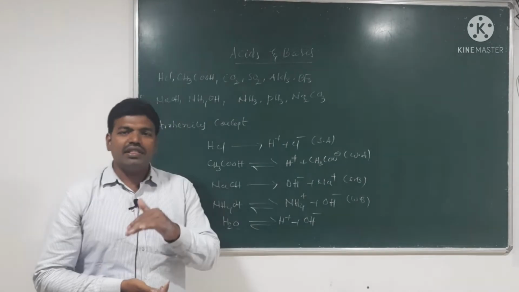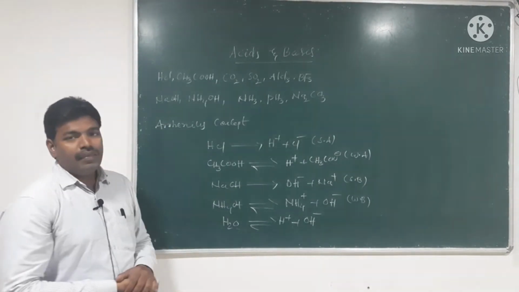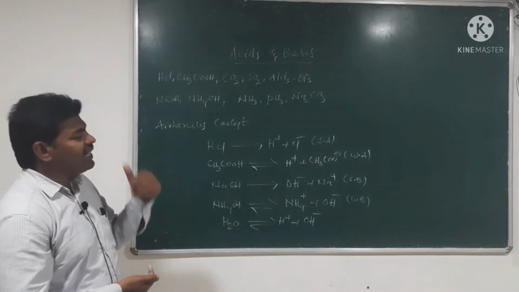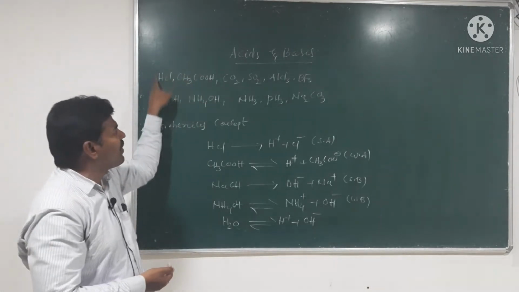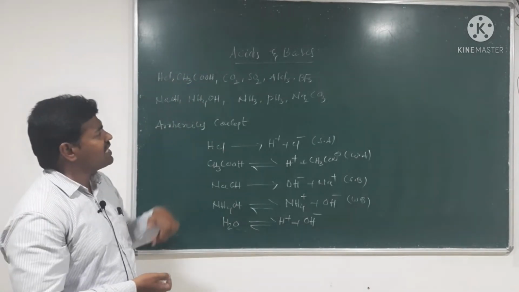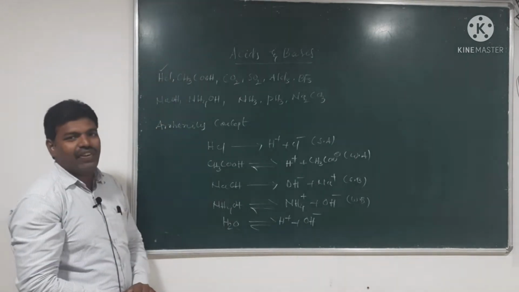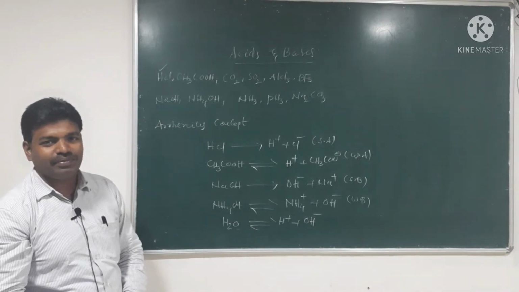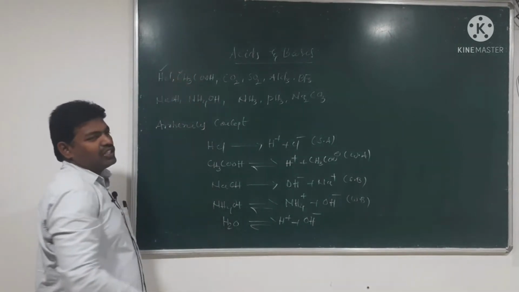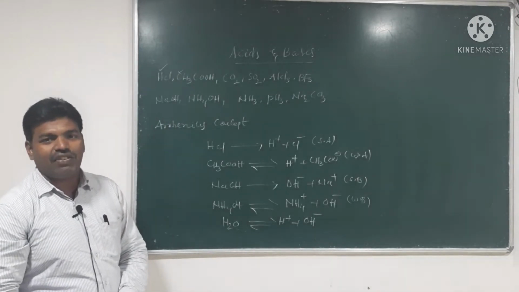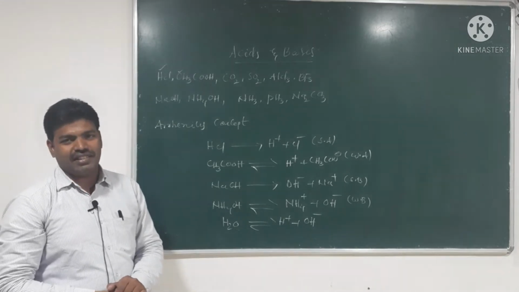So, based on this theory, we can pick up the Arrhenius acids from this group of acids. From this Arrhenius concept, we pick up HCl as an Arrhenius acid because it can furnish H plus ions in aqueous solution, right? And acetic acid can also furnish H plus ions in aqueous solution, but it has a lesser tendency to furnish H plus ions.